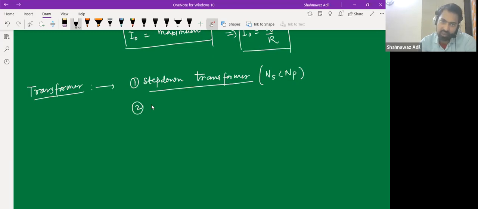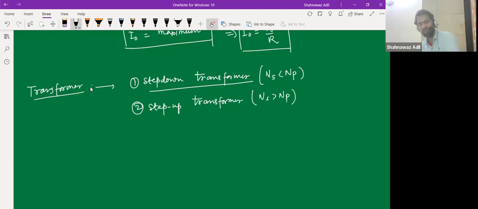And then we learned about the step up transformer, and this is NS greater than NP. So these are the things that we understood in the AC current, right? So any doubt in this chapter that you want me to elaborate?